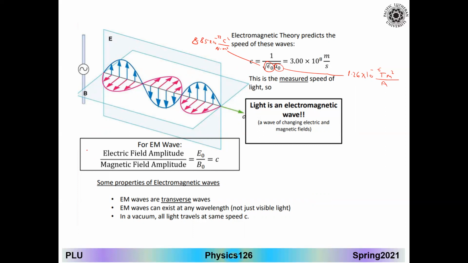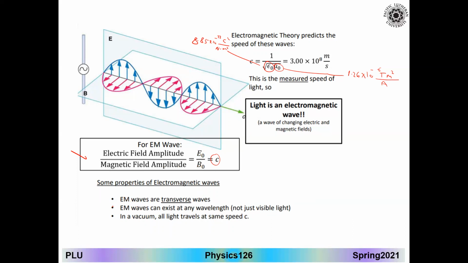Another fact for the electromagnetic wave: the ratio of the amplitude of the electrical field to the magnetic field is constant, equal to the speed of light as well, which indicates that the electrical field always has a value larger than the magnetic field.